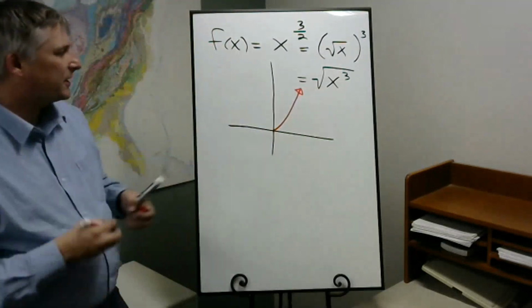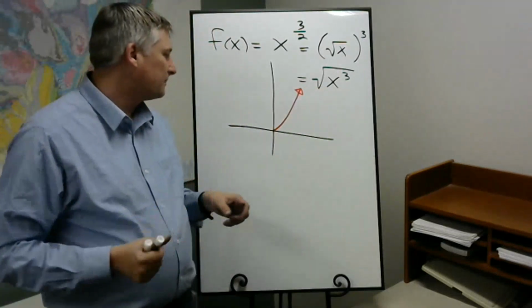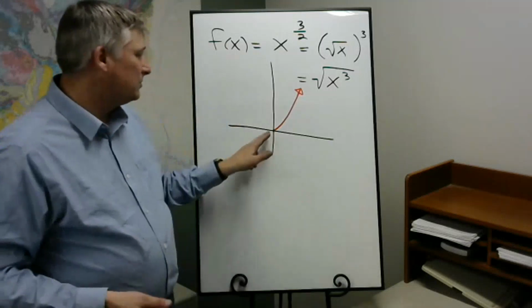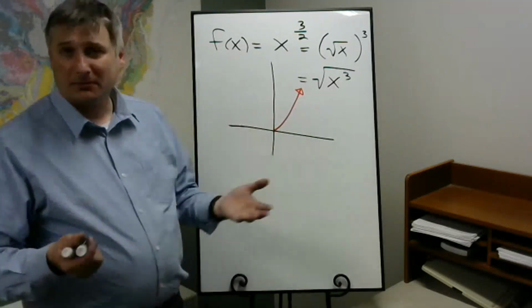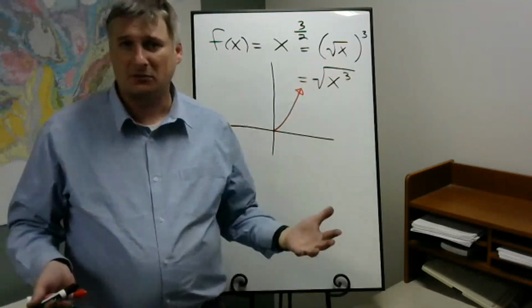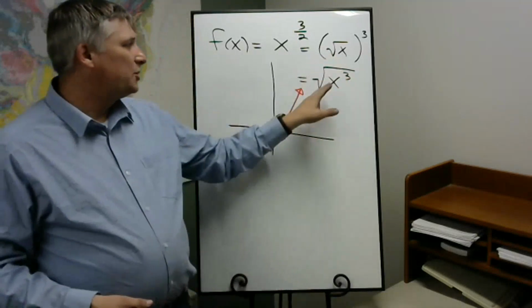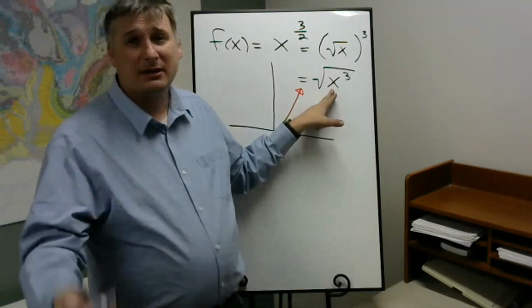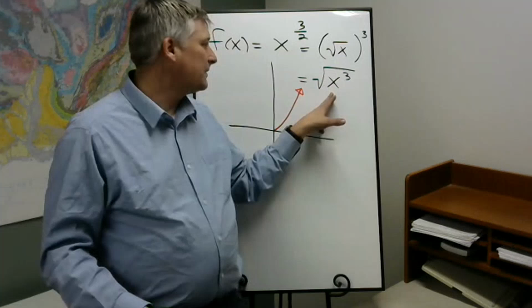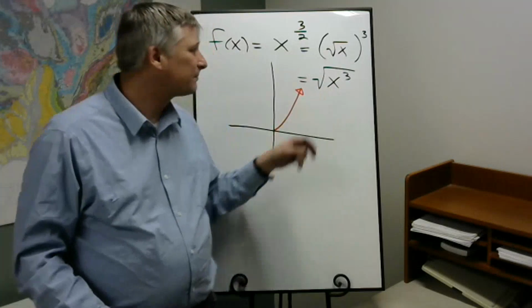And again, you can see, just like with the square root function, it doesn't have any negatives. You can put 0 in here, that's fine, but no negative values. Take the square root of a negative, can't do it. If you cube a negative, you're also going to get a negative. Negative 2 cubed is negative 8. And then you're going to take the square root of a negative.